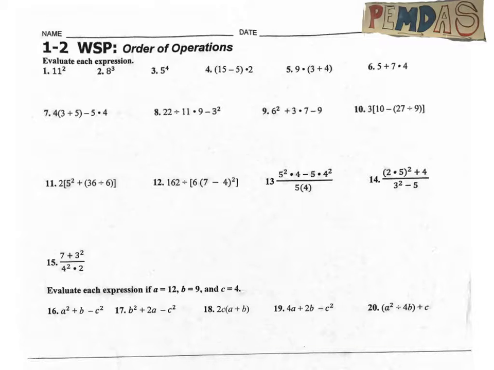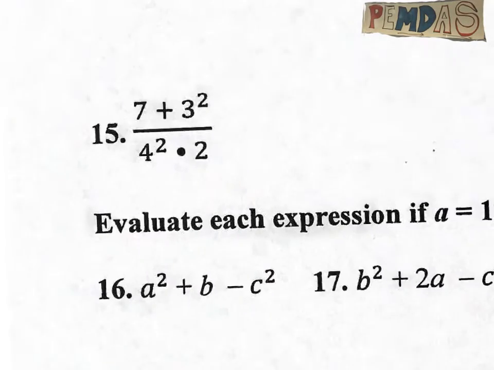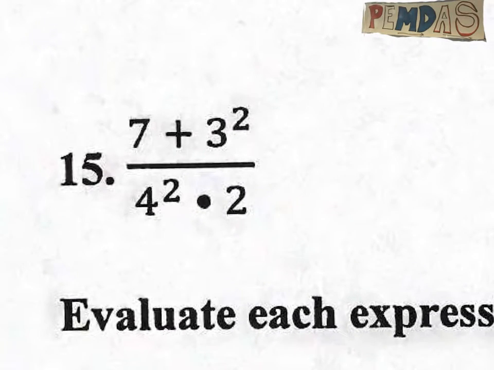Now, let's take a look at a couple of these. I forgot to mention on the previous video, on our notes, it says that if you ever have a fraction, kind of like number 15 right here, and there's stuff to do on top and stuff to do on the bottom, I would like you to do everything on top, do everything on the bottom, and then at the very end, worry about dividing, because a fraction bar is really a division bar.